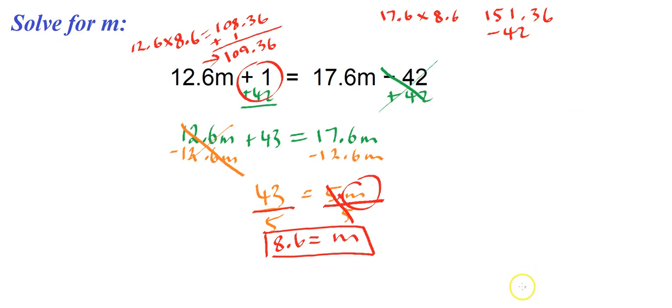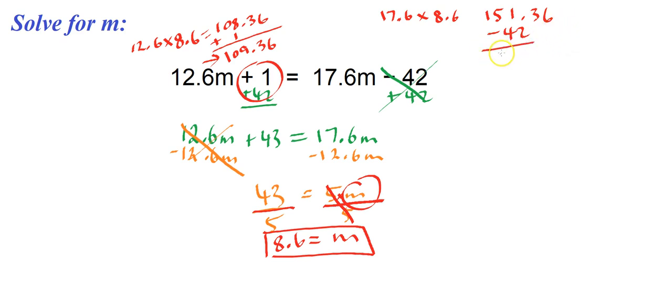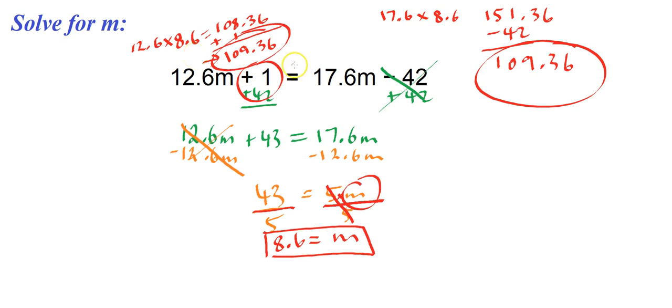When I push equals, it should equal 109.36. 109.36. It's the same, right? What that means is the right hand side equals 109.36. The left hand side equals 109.36. So both sides are equal. So this means that 8.6 is the correct value for m.